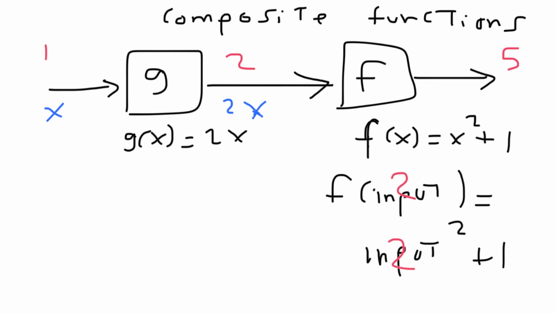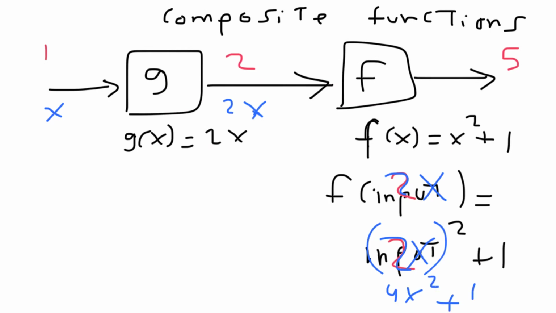Now, this output is becoming the input to the function f. So I got the output from g, which is double the x, and this is becoming the input to the function f. And what the f function does, remember, if I have any input, it will be squared and then 1 added. So in this case 2x will be squared. The whole thing will be squared, and then I add 1. 2x, when you square it, becomes 4x squared, and then you add 1.